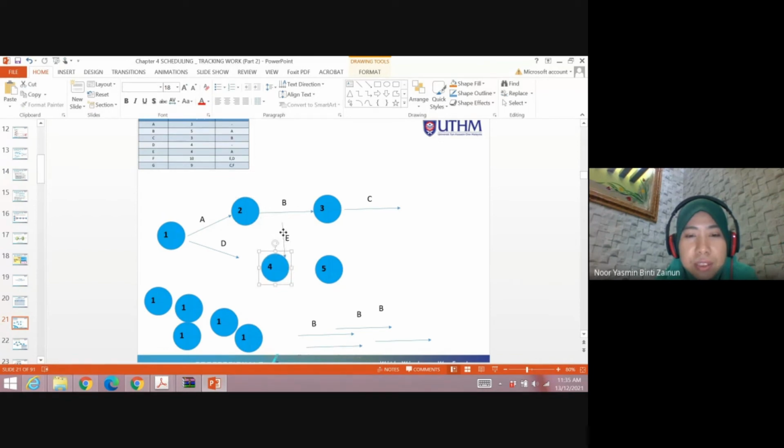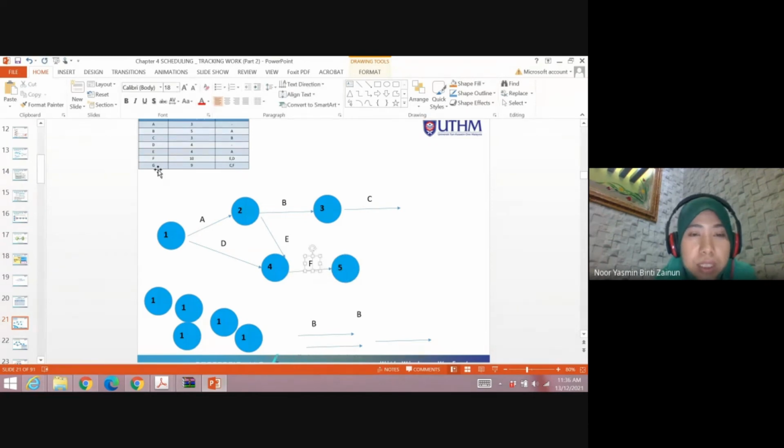So we have here E and D, the predecessors for F. Means that here is the activity F.